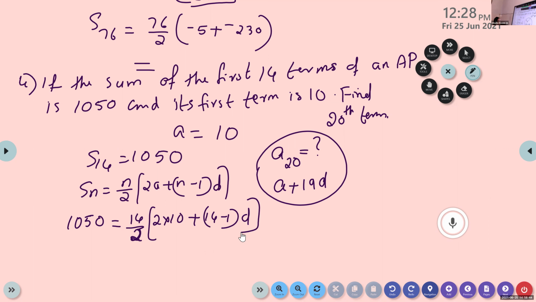Only d we need to find to get A20. So 1050 equals 7 into 20 plus 13d, since 14 minus 1 is 13.